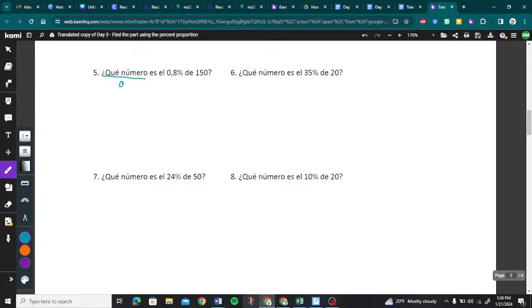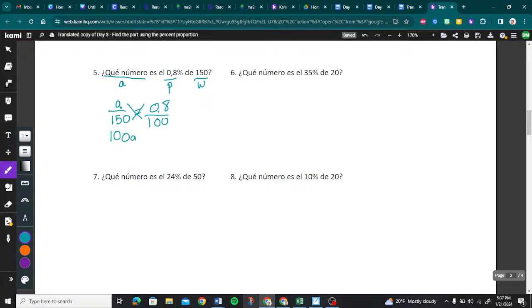¿Qué número es el part? 8/10 is the percentage, and 150 is el todo. So we have part over 150 is 0.8 over 100. We cross multiply.